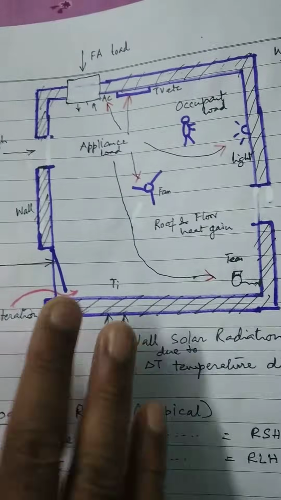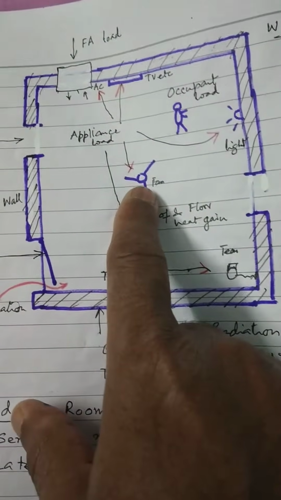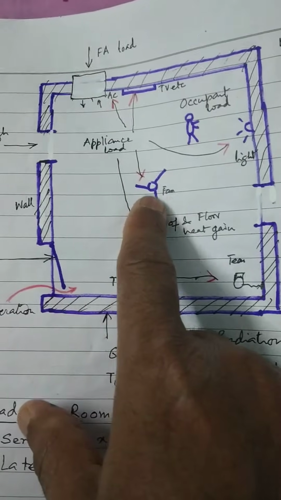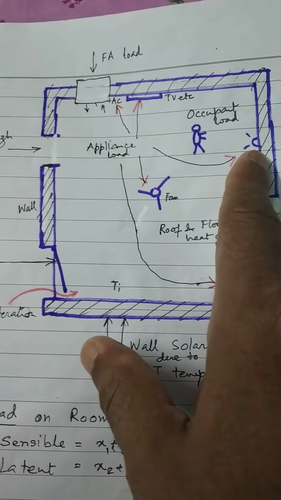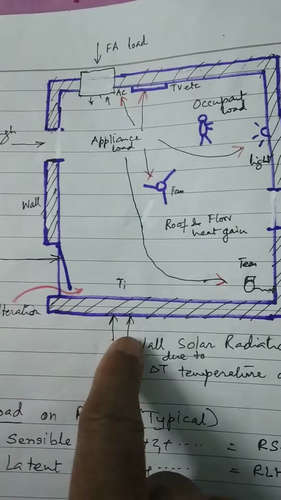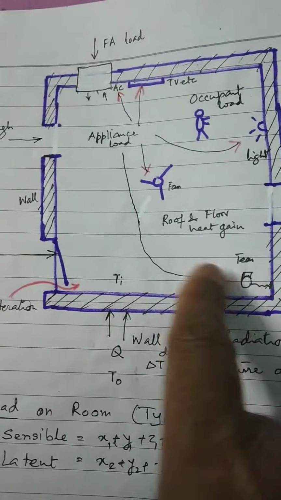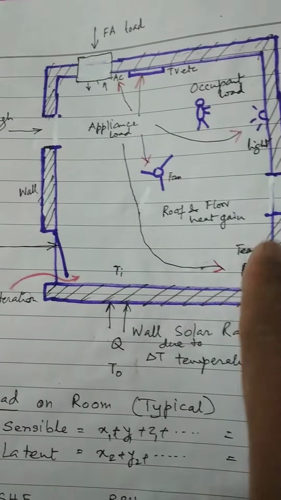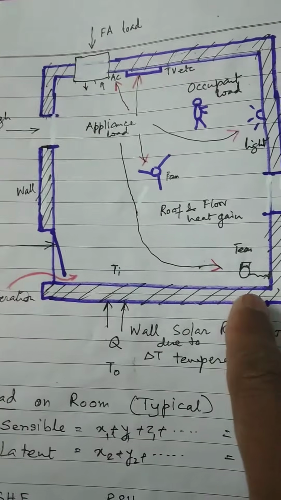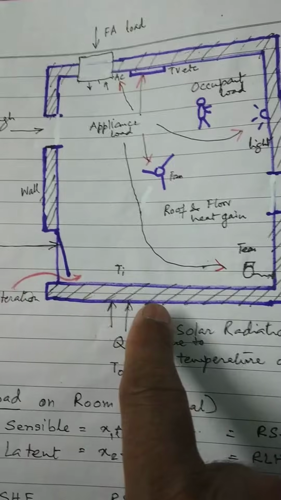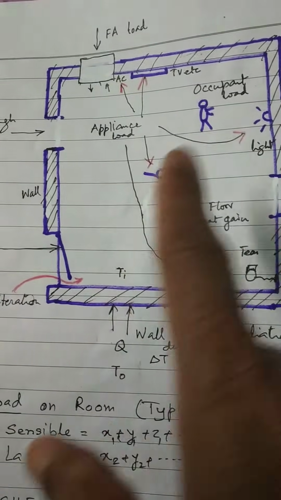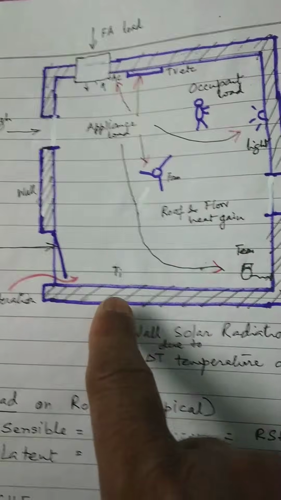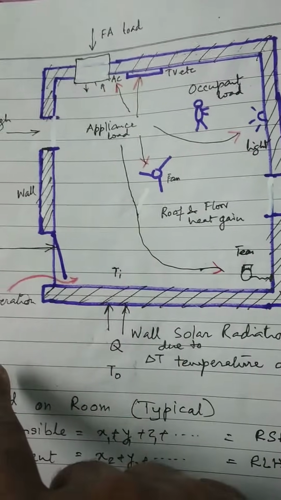Now if we think about the fan, does it produce any humidity? Will the bulb produce any humidity, or will the heat which is coming from outside produce any humidity? No. So there are certain things which we know are not humidity based, they are temperature based. So we will collect all these types of heat which do not contribute humidity but participate in heat addition to the room.